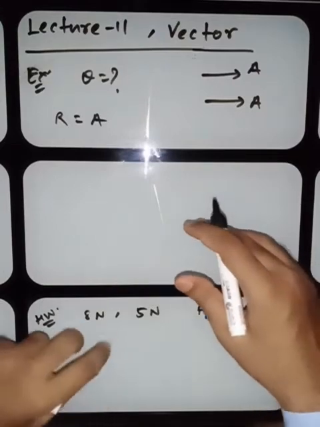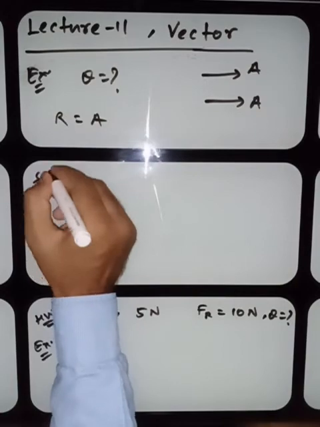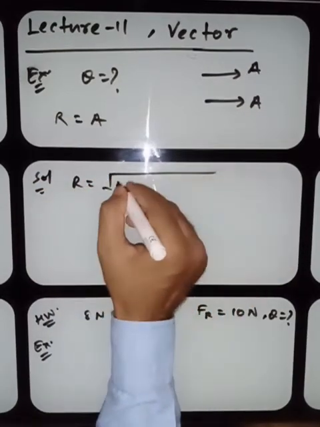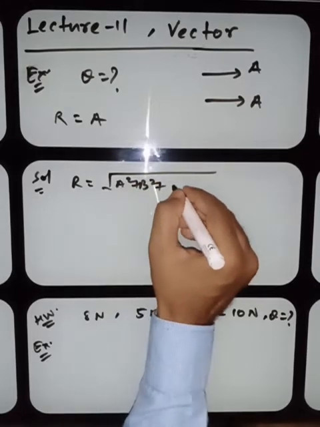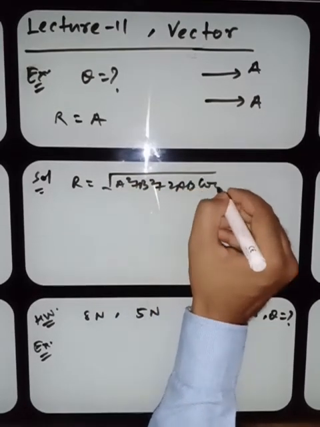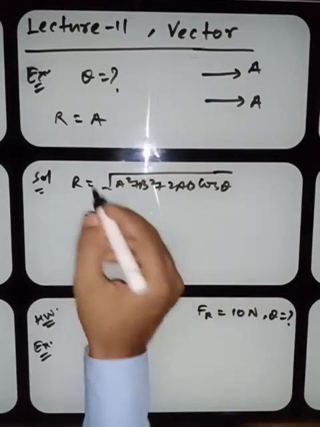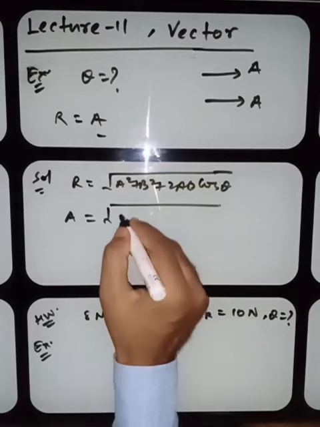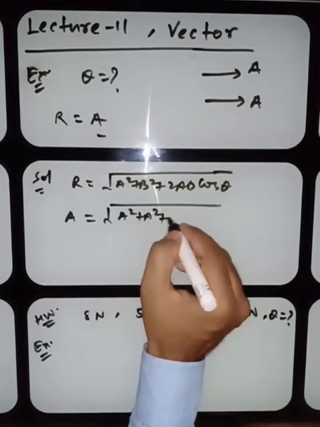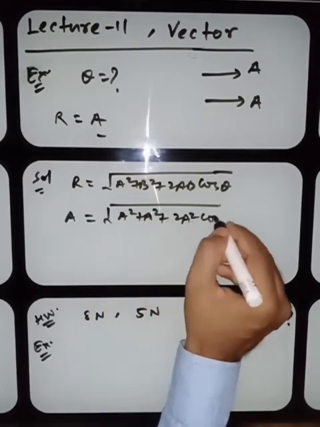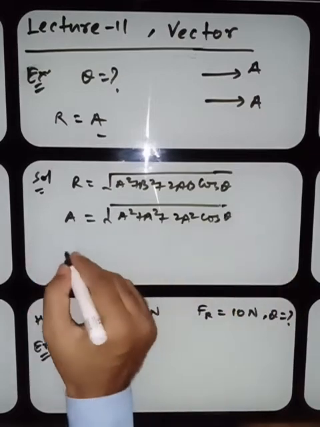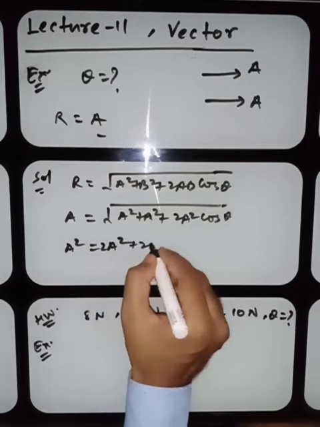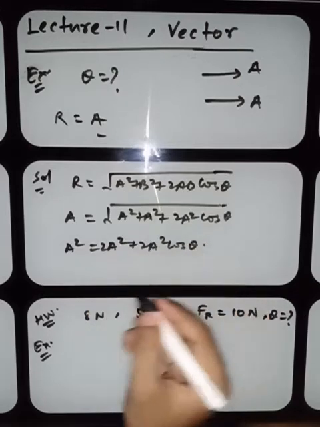Okay, let me solve this question. Here the resultant can be written as the square root of a square plus b square plus twice ab cosine of the angle. But if the resultant is a, then a square equals a square plus a square plus twice a square cosine theta, squaring both sides. So a square equals 2a square plus 2a square cos theta.